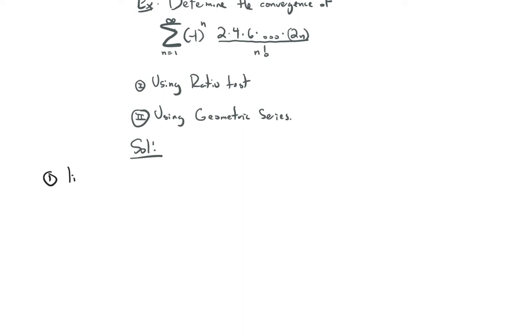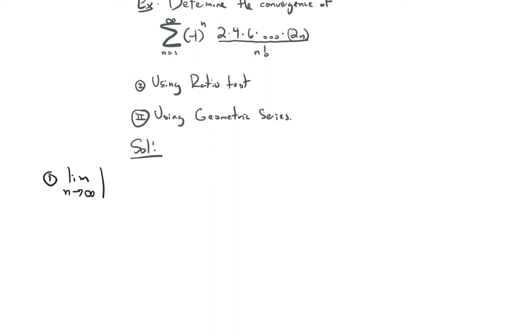Let's take the limit of the absolute value of these guys. So again, I'm going to write this as the n plus 1th term times the reciprocal of the nth term.